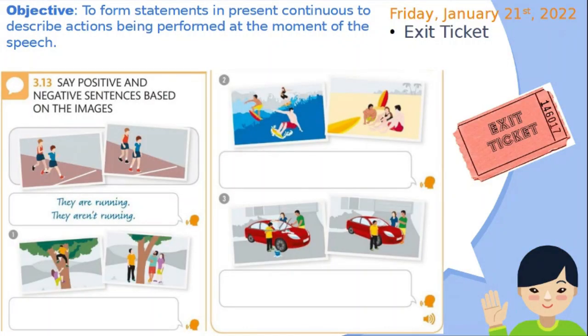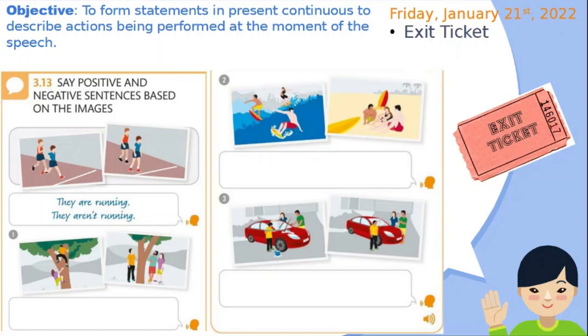Let me explain you how to do the exit ticket. In the exit ticket, you are going to create the sentences. By observing the images, you are going to write and say the positive and the negative according to the images. Observe the example. In the first one, they are running. ¿Ves la posición de brazos, pies? Te das cuenta que están corriendo. So they are running.